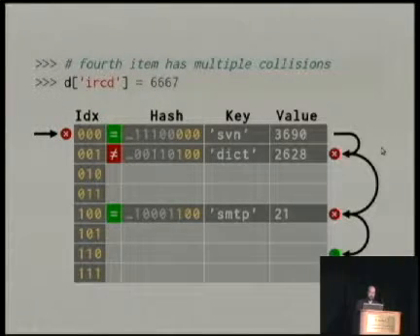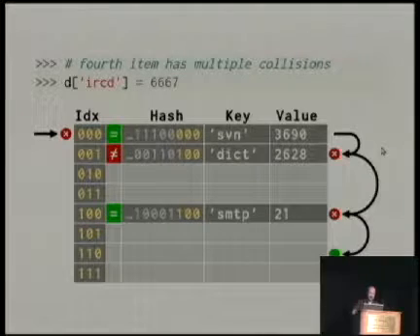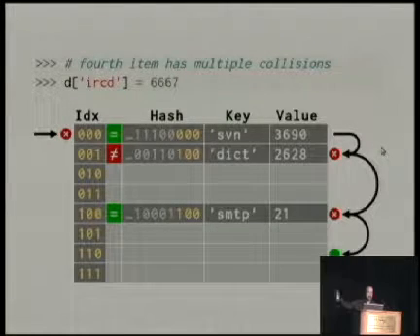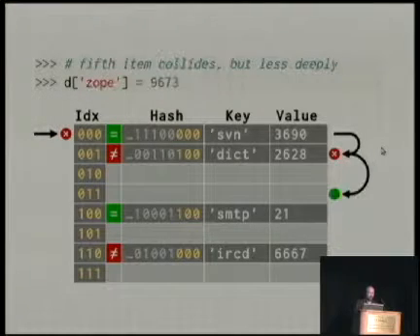Our dictionary now has 3 items. But if we now want to store IRCD's port number, that string has 000 at the end of its hash, and that's occupied. That backup algorithm happens to choose, in that case, 001 as the next backup, that's taken. 100 is the next slot, that's taken. So IRCD winds up landing 4 slots away from where it started, all the way down in 110.